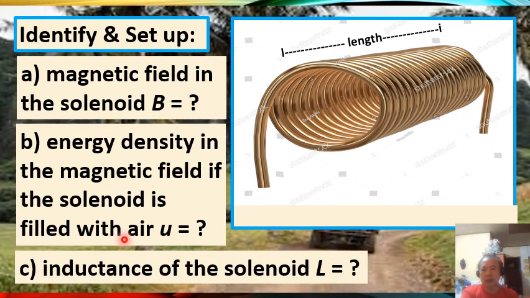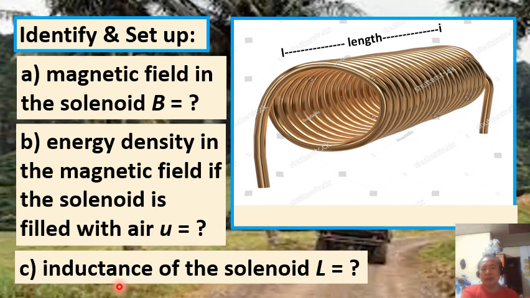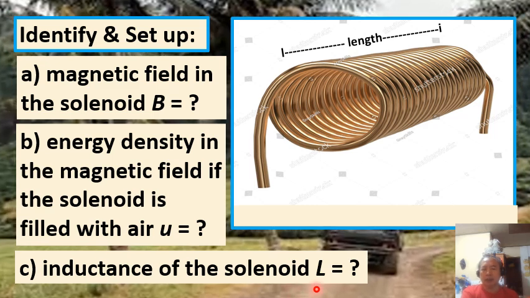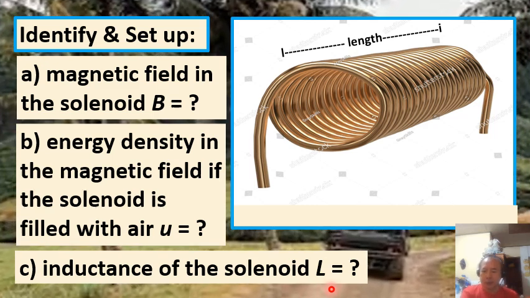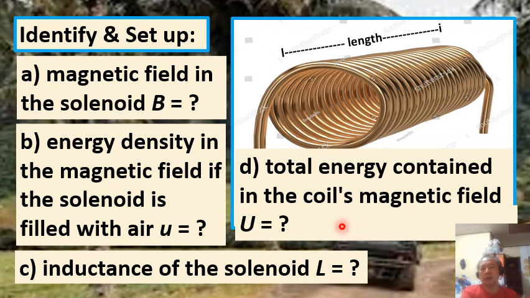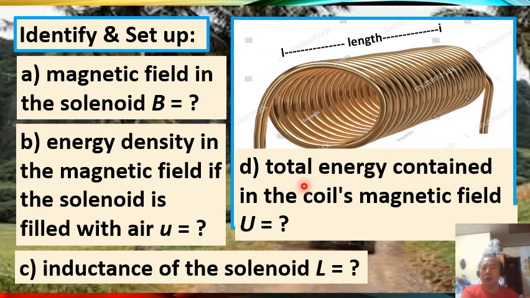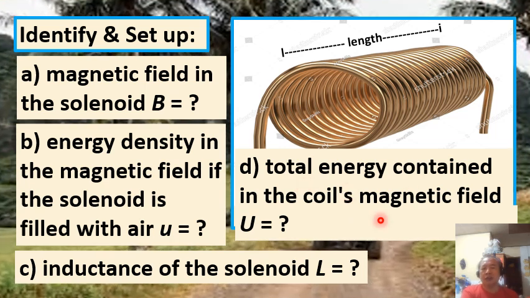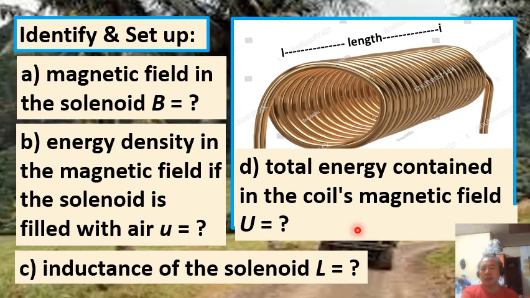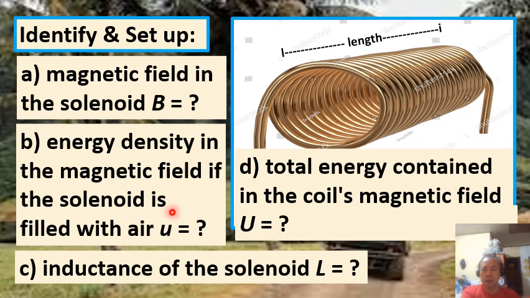In part C, we are to compute the inductance of the solenoid. This is denoted by capital L. And in part D, we also are required to compute the total energy contained in the coil's magnetic field. This total energy is denoted by capital letter U.